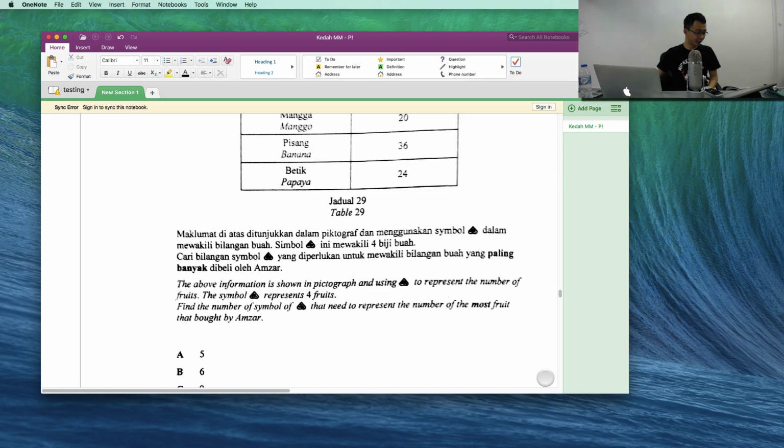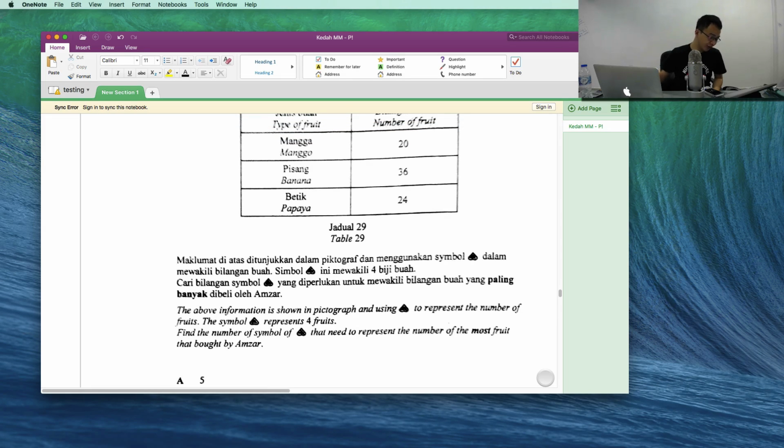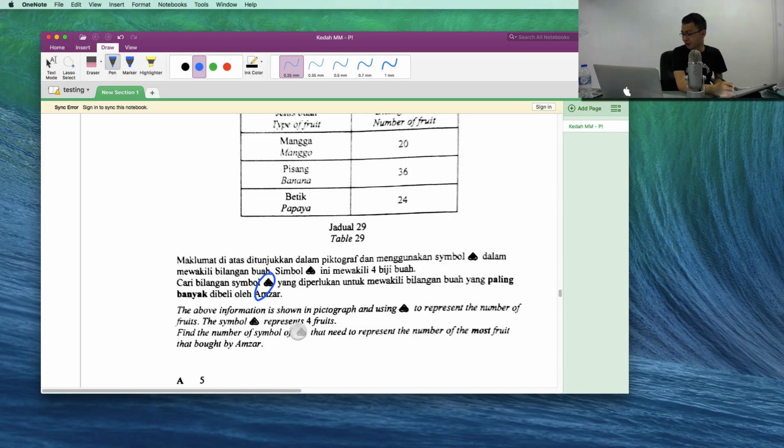Oh, they want the most fruit bought by the, okay, so if each symbol here represents 4, what we will do is find out this one actually has 5. 1, 2, 3, 4, 5. Okay, let me just draw a triangle.